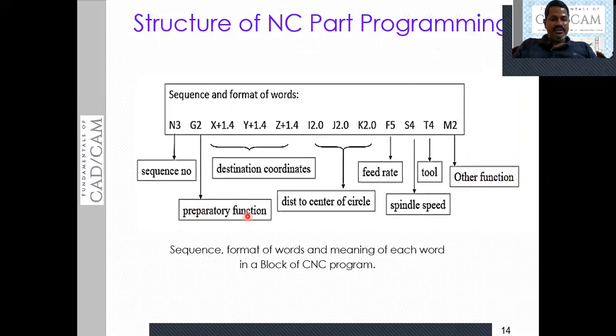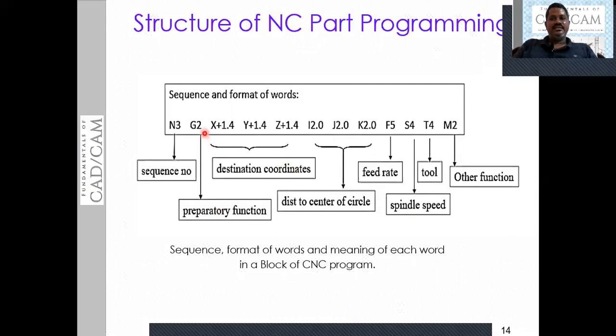So the preparatory functions are responsible specifically for the movements of the tool, and the miscellaneous functions are responsible for things other than the movements of the tool. Just like the machine control functions, when to start coolant, whether to use coolant or not, all these are indicated by M functions, M codes, or the miscellaneous functions.